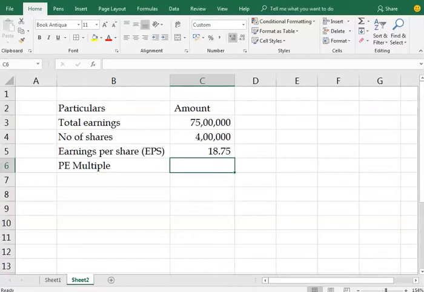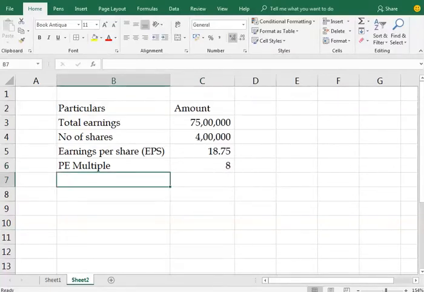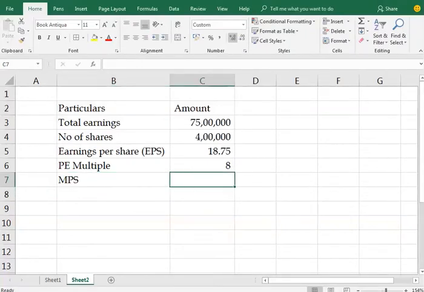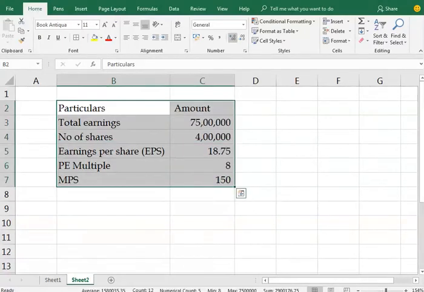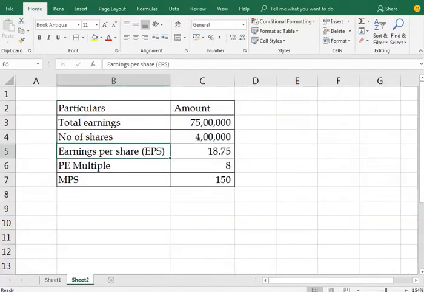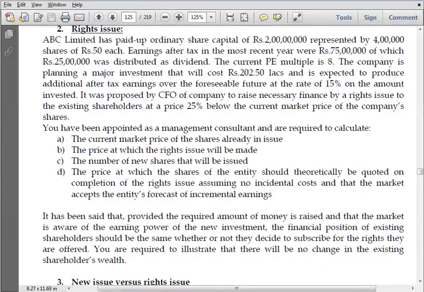What's the P/E multiple? 8. And you will multiply these two and call it the market price. So the current market price of the share is 150 rupees. Any doubts on this?